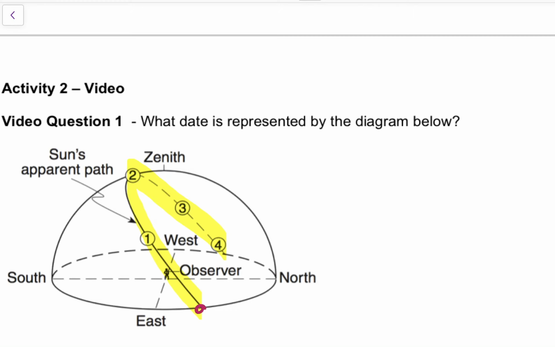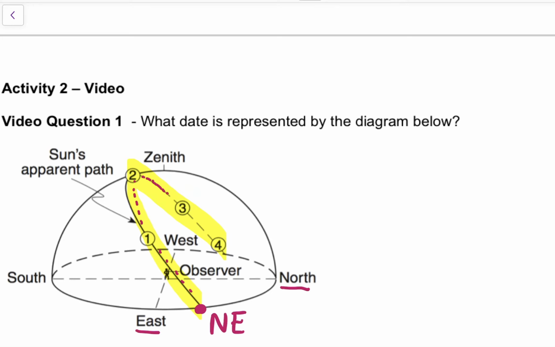We see the sun is rising here. And if we look, the sun seems to be rising in between north and east. So it's rising in the northeast. How do I know it's rising here? Well, if I look at the whole path of the sun, I see this 1 tells me that's the first spot of the sun. It rises up to 2.